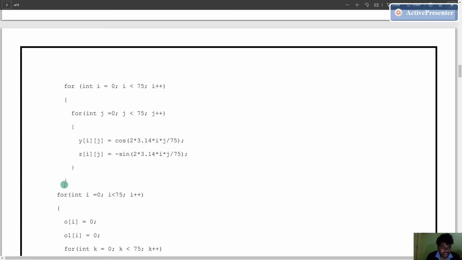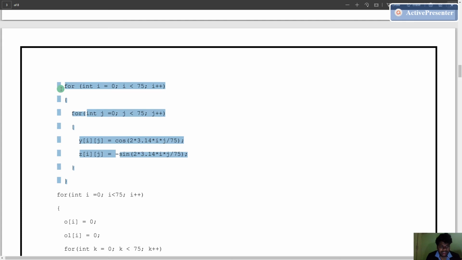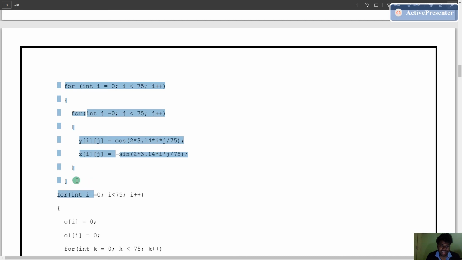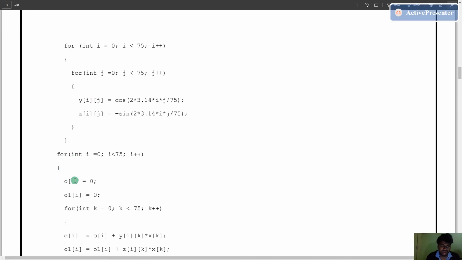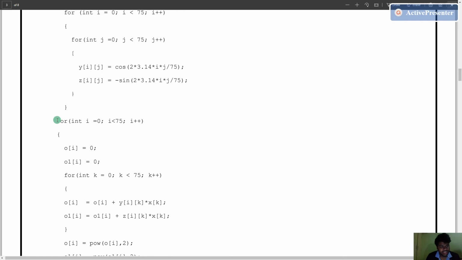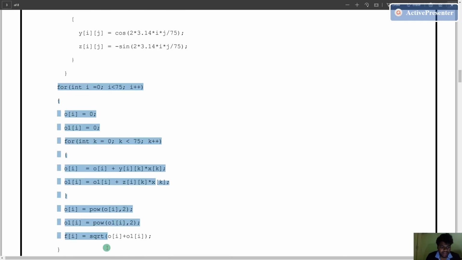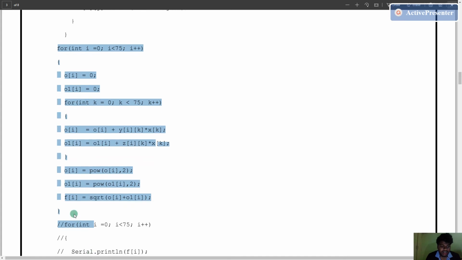In the Arduino software we need to install a library for complex variables, or else we need to follow the original cosine and sine procedure for computing the magnitude spectrum of the original signal. After getting the discrete Fourier transform, we compute the magnitude spectrum by squaring the real part and imaginary part, and then taking the square root of the whole value.